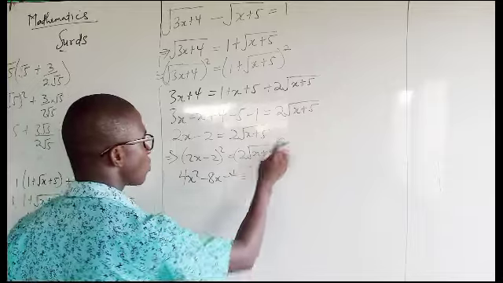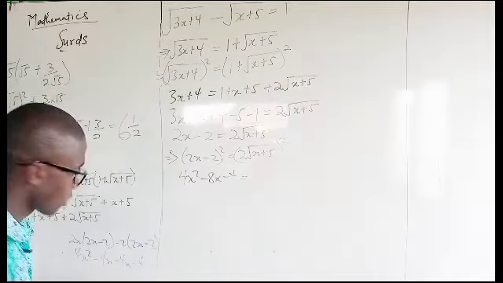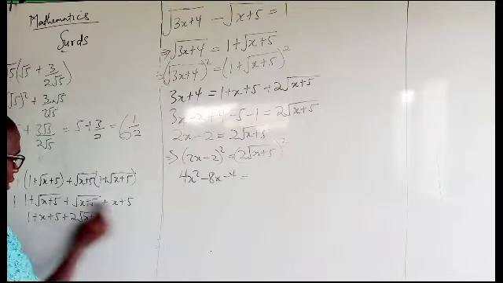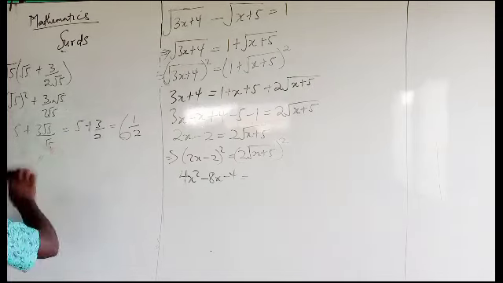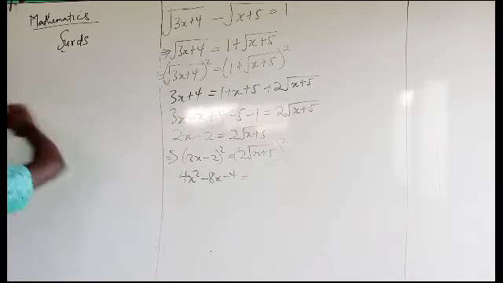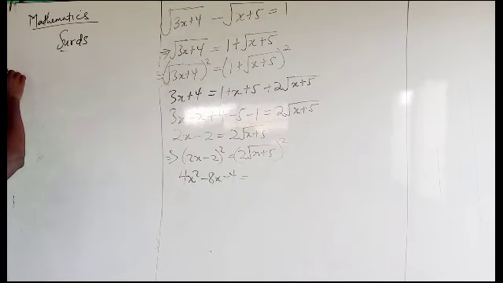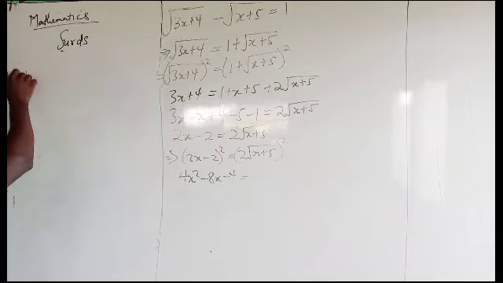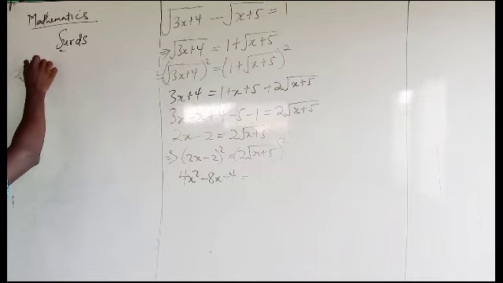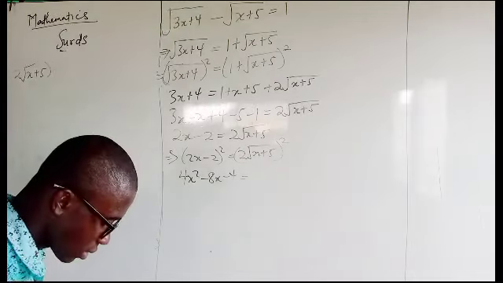For this side, it's equal to, now let's square this. Let me square it here. So this square, that will be 2 root x plus 5 all squared.